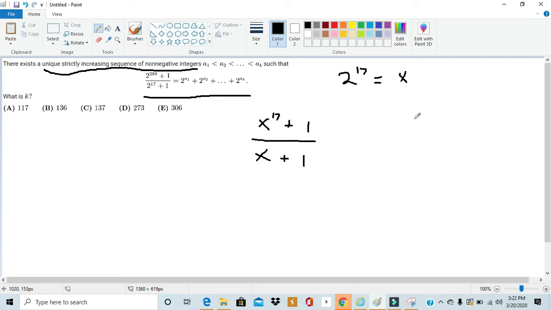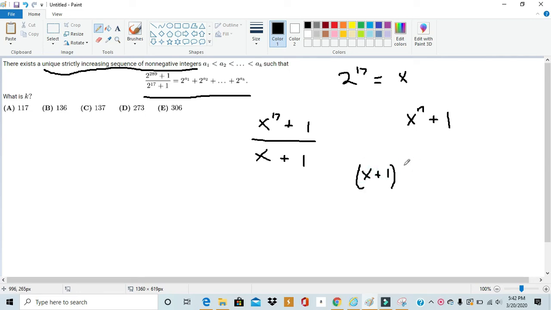Whenever you get a term like x to the n plus 1, we can always divide x plus 1 out of it, and it comes out pretty friendly. For instance, in this case, x to the n plus 1, I would just factor it like this: x plus 1 times this huge other term.